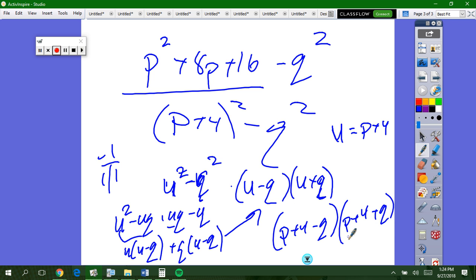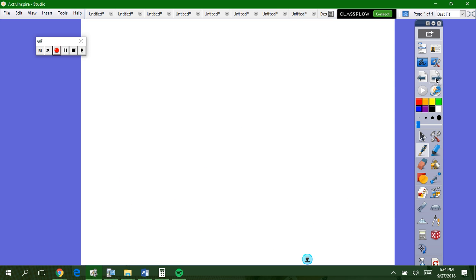There you go. So to answer your question, this right here is a difference of squares, correct? Are they both perfect square numbers? So what I do here is I take the square root again. What's the square root of 4? Square root of x squared?